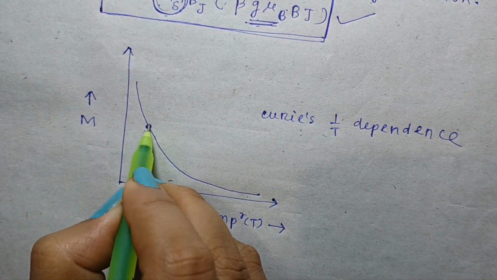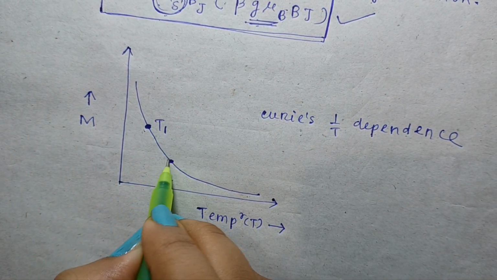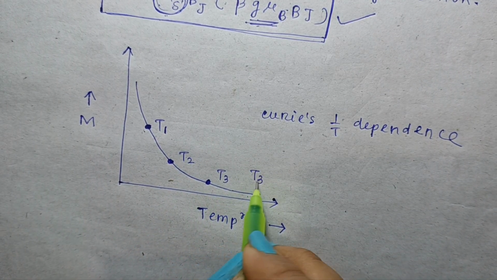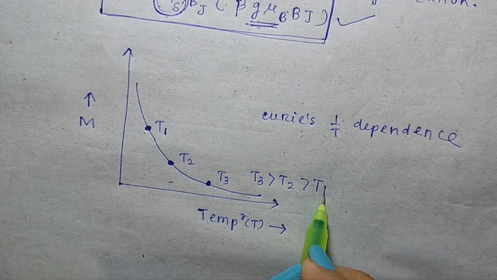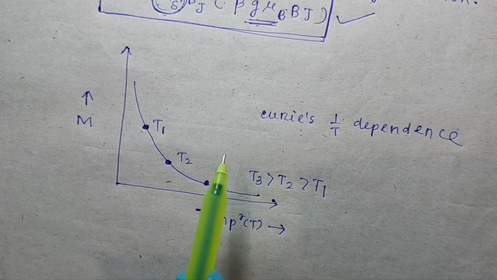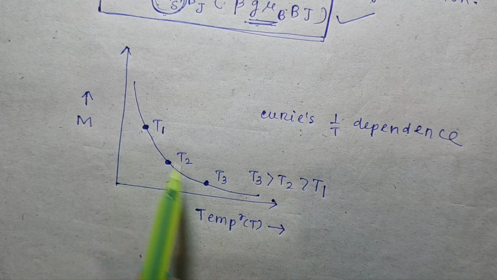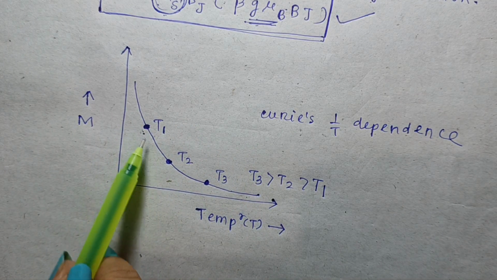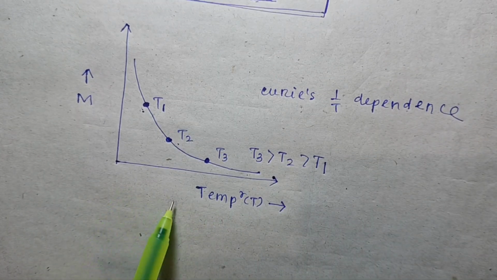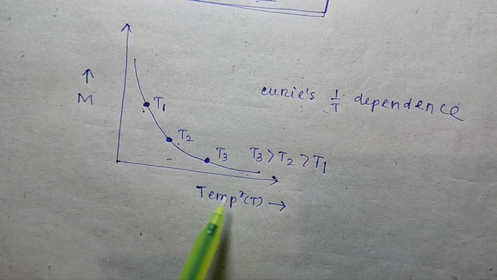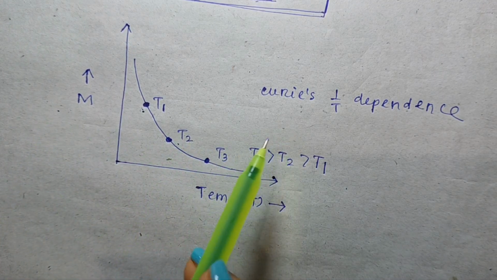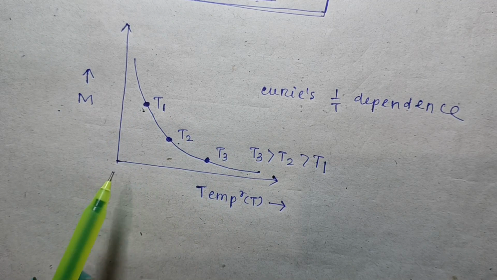So if this is T1, somewhere this is T2 and this is T3, and here T3 is greater than T2, greater than T1. So these are plots for 3 different temperatures, T1, T2, T3. This plot shows the temperature variation of magnetization. Curie's law dependence can easily be visible here.